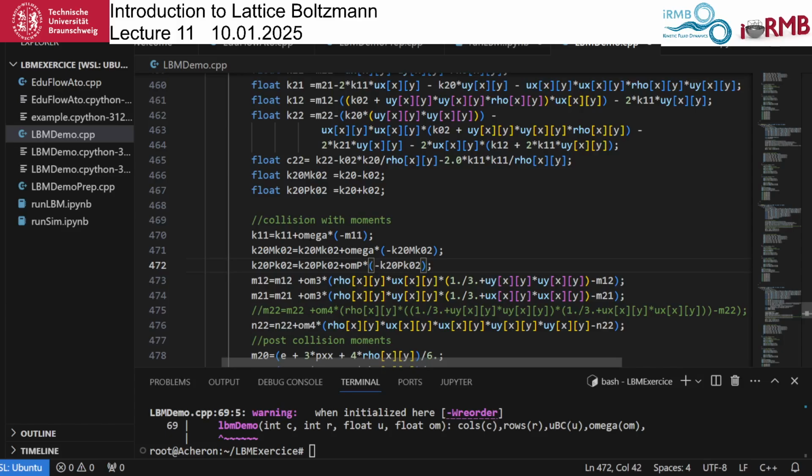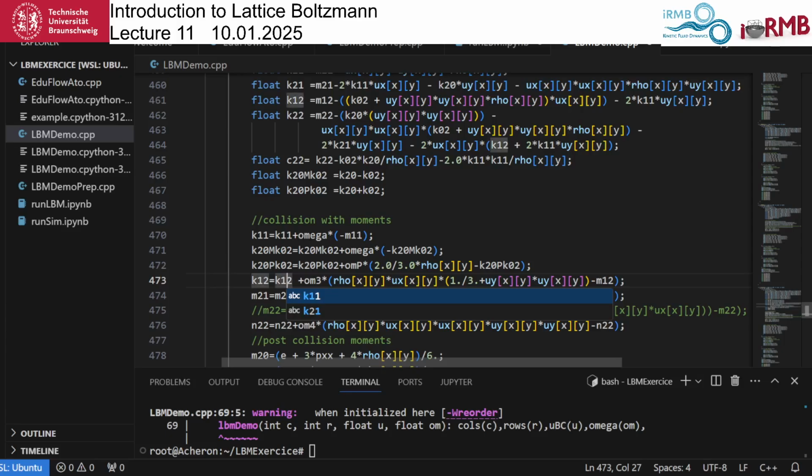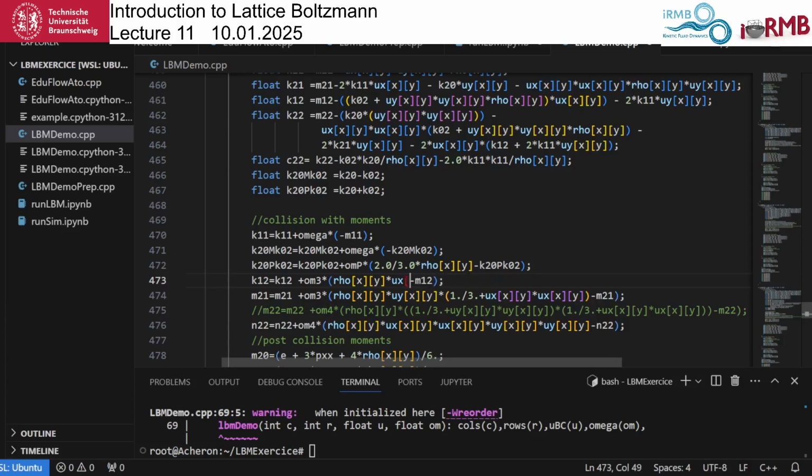Each of them has theta times rho, so there's this twice, so it must be two thirds times rho. This is what they have as equilibrium. And then the higher order guys conveniently all have equilibrium 0.